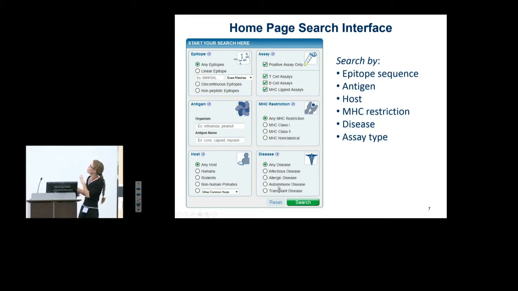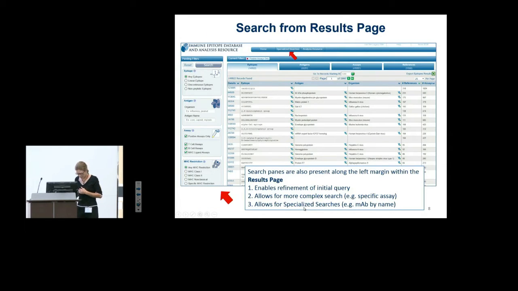Now, as I mentioned, while you can do the vast majority of your searches from this home page, we do have these same search panes with additional expanded functionality if you click here, search, and go into the results page. Along the left-hand margin, the search panes are repeated, for a couple of reasons.